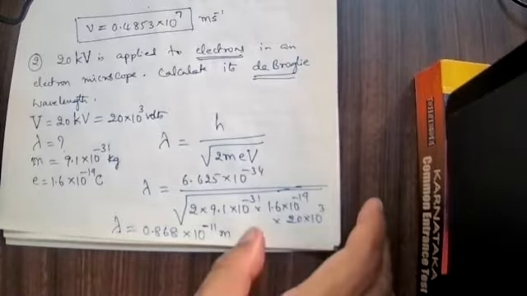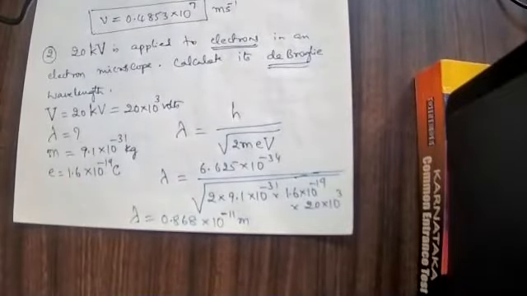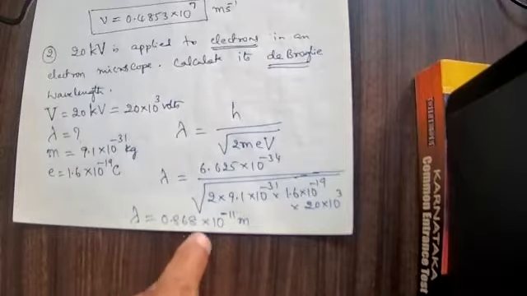If you are absent for most of the classes, now you will come to know how difficult it is. I am solving everything except the calculation, but you don't know how to do this calculation. Only one girl has done the calculation using the calculator. We don't know how to use the calculator.